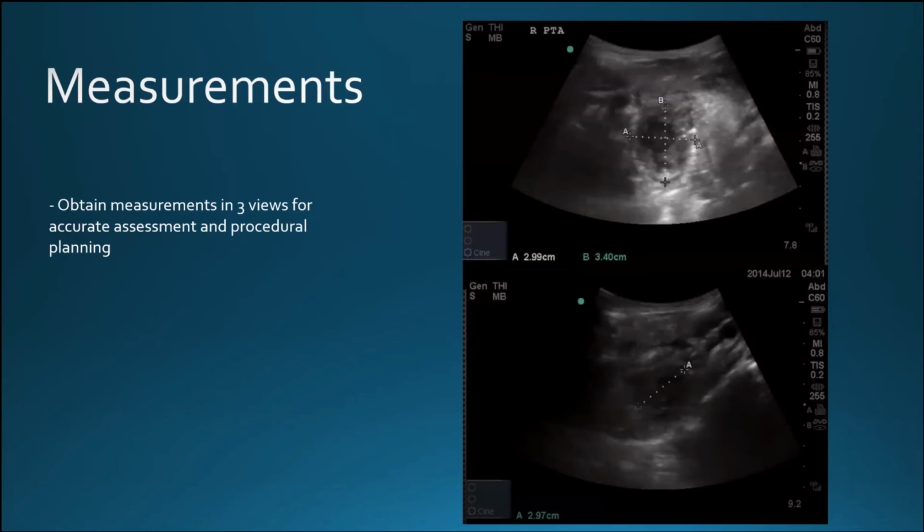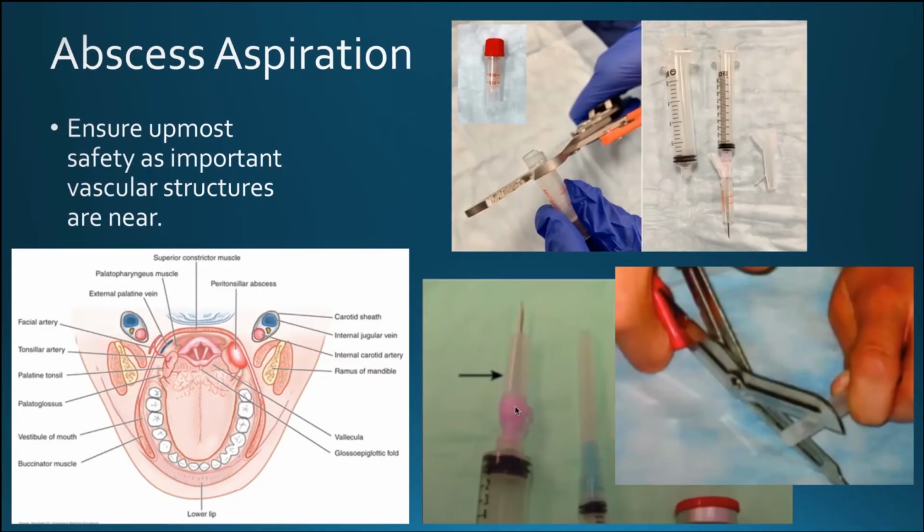And as far as the aspiration of the abscess, again, the vascular structures are in very close proximity to the actual peri-tonsillar abscess that you'd be going for. So ensuring safety is of utmost importance for these cases. There are several different approaches to this. Once you get the measurements, you can figure out where you're at.